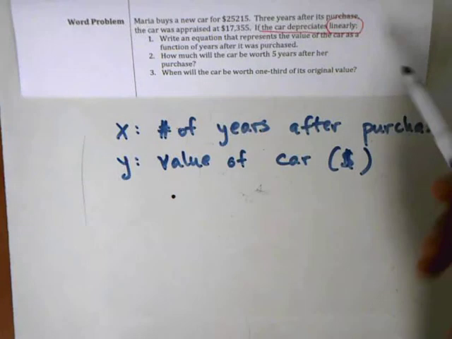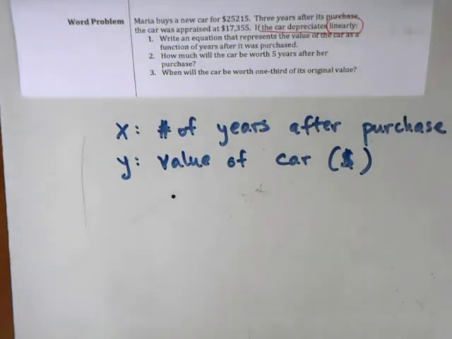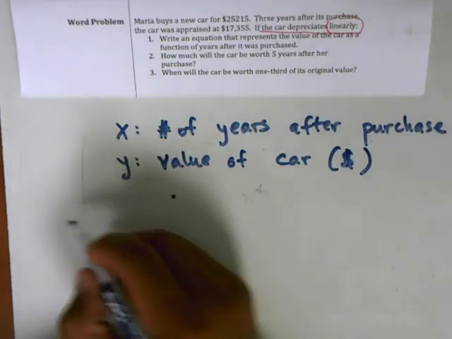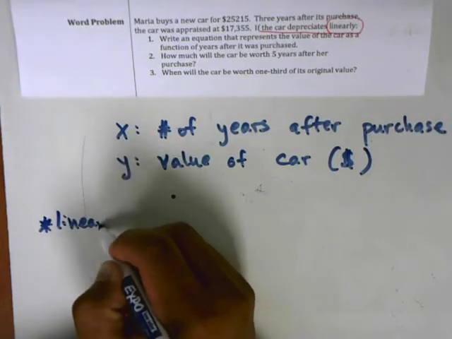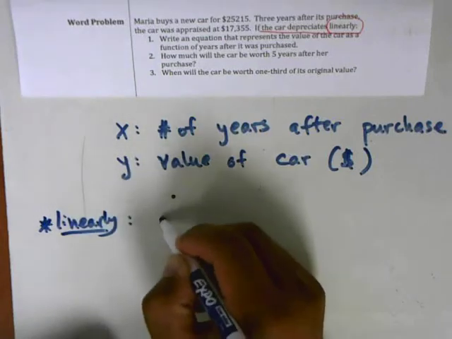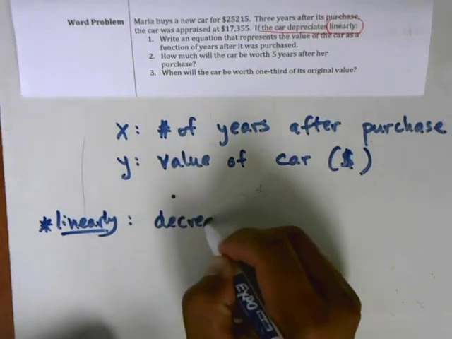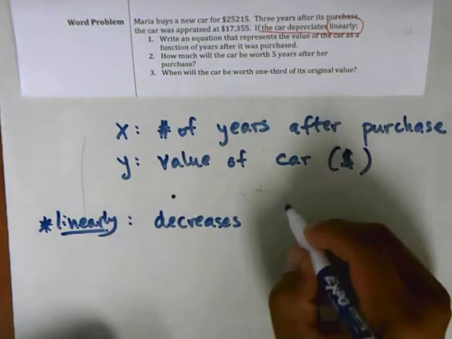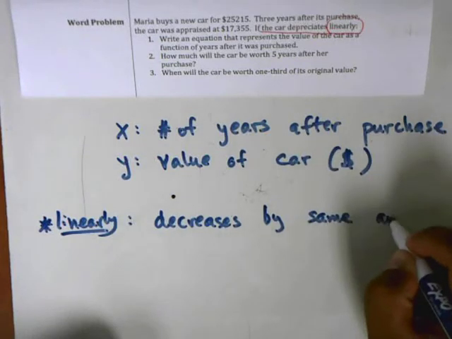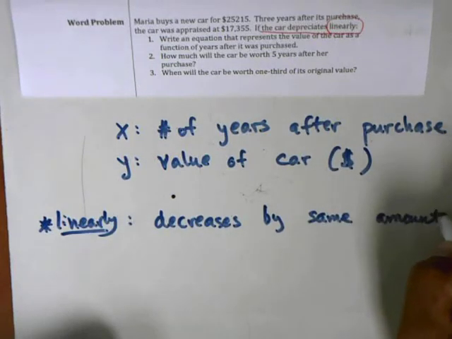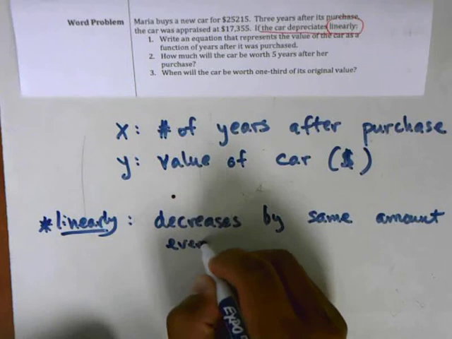So again, linearly is important because it tells us that it decreases by the same amount every single year. So I'm going to make a note here that linear tells us that it decreases by same amount every year.